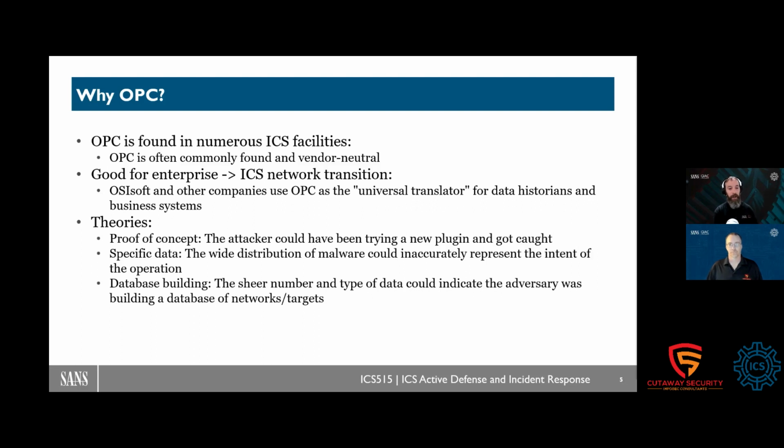And so I know far more about that data with the context. And so again, gathering that information, there are a few different theories about what the adversary that used or misused OPC in this case was trying to do.